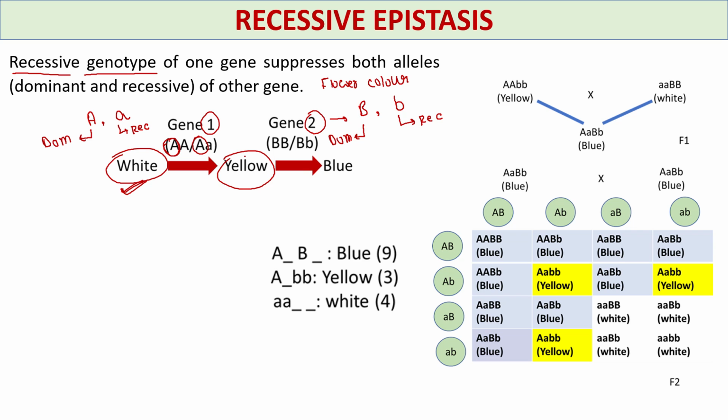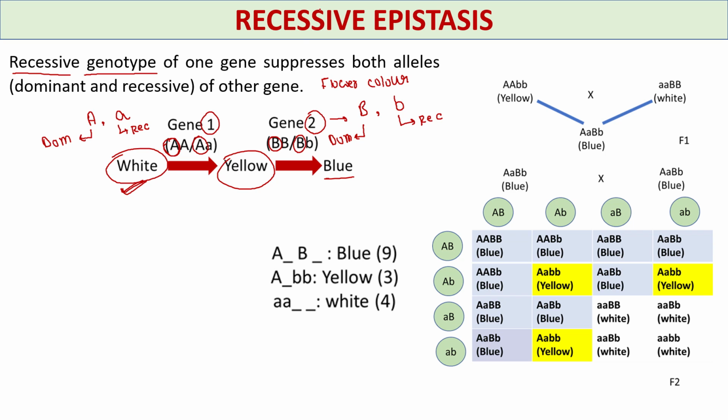When yellow pigment is already present, only then gene 2 can act on it, and its allele capital B makes it blue. Therefore, gene 2 is dependent on gene 1. If allele capital A is not present, yellow color will not be formed and gene 2 will not be able to act.